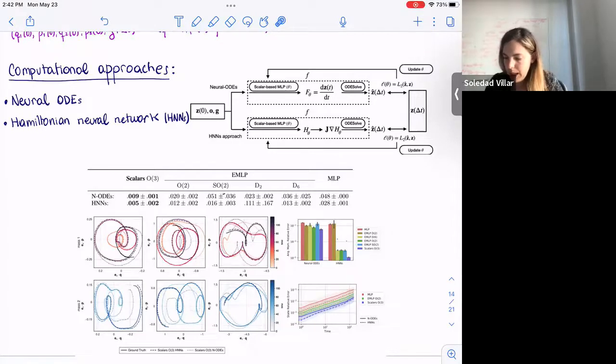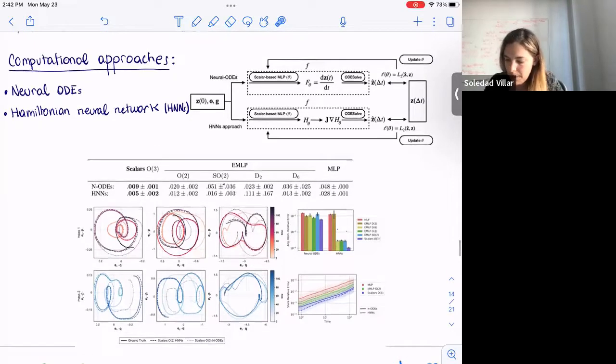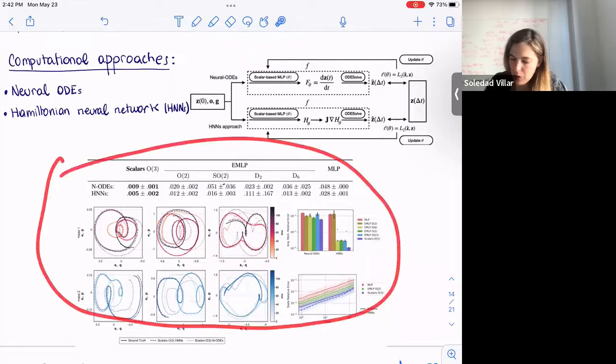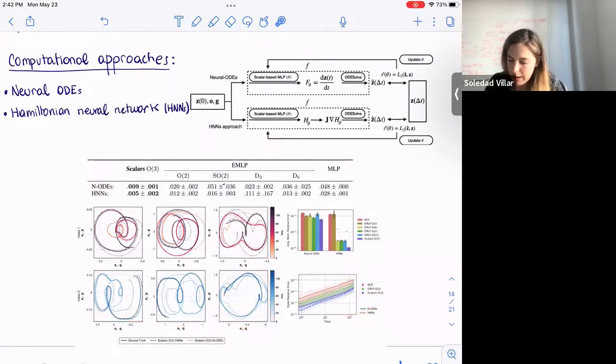And so in this plot, I'm showing a comparison between the EMLP, which is what we use for our baseline, with the scalars formulation. And we see that the scalars formulation has much smaller error. Also, we observe that EMLP doesn't use the full O3 because they don't take the gravity as an input to their system.